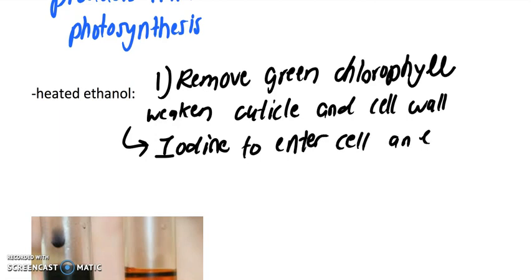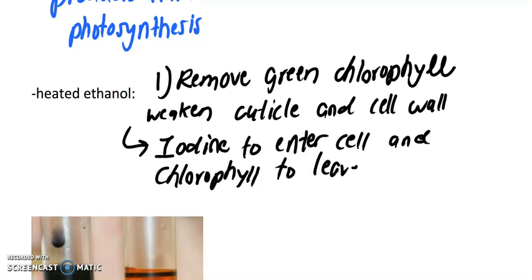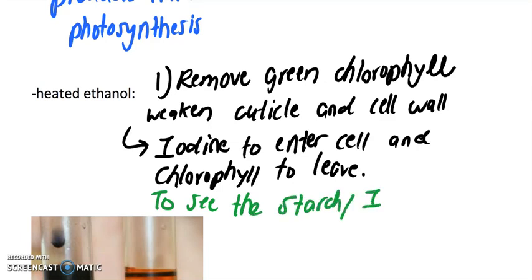And this is also going to allow chlorophyll to leave. And you'll notice your solution will be green. That's because the chlorophyll has left the cell. And this is also so you can see the starch iodine reaction.